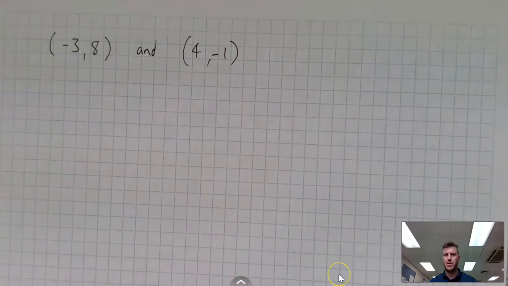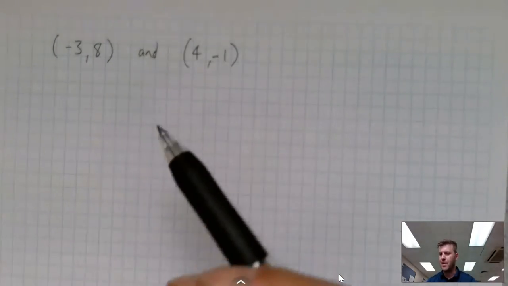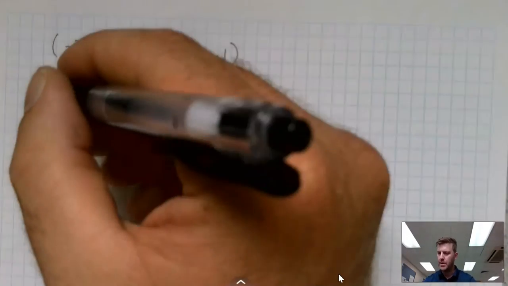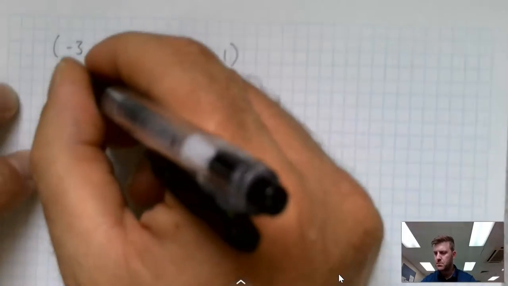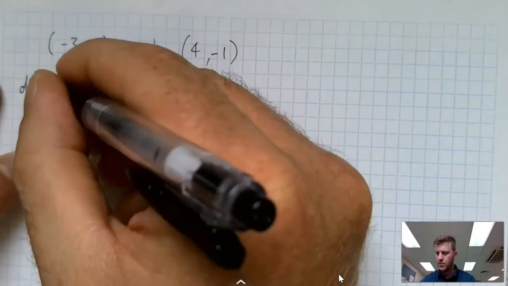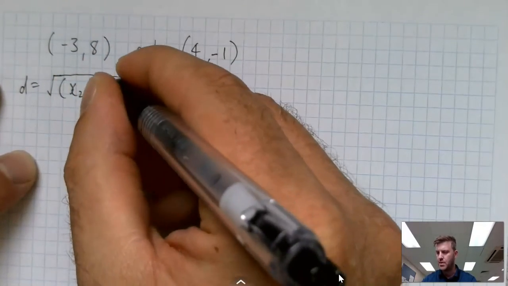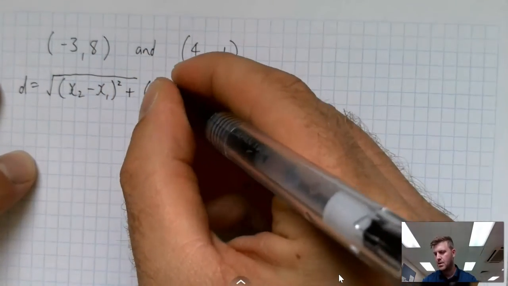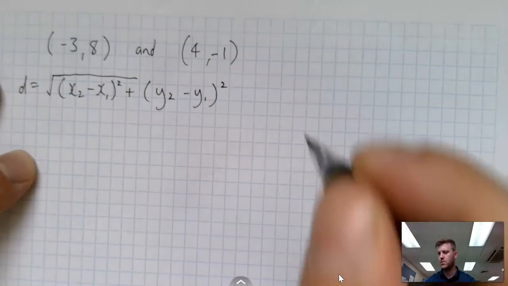There's no need to actually go ahead and draw that line segment, okay, because essentially all we're doing is substituting those values into an equation. So again, I'm going to start with that equation. D equals, okay, x2 minus x1 all squared plus y2 minus y1 all squared.